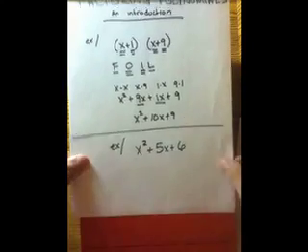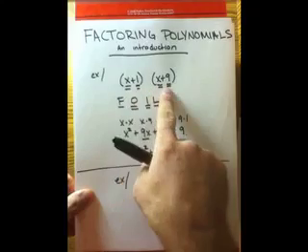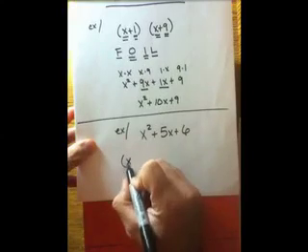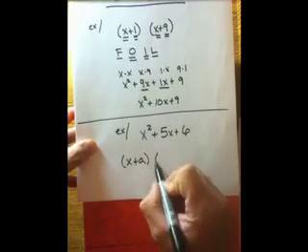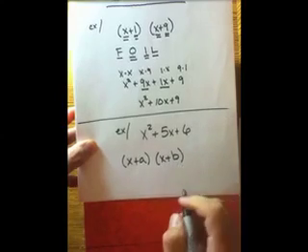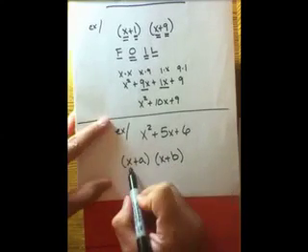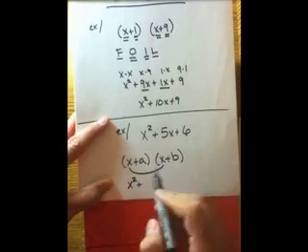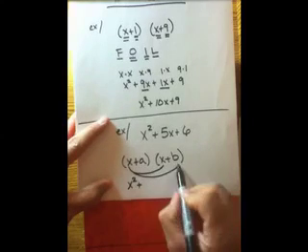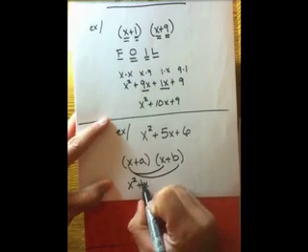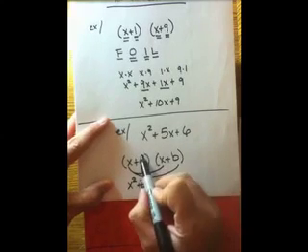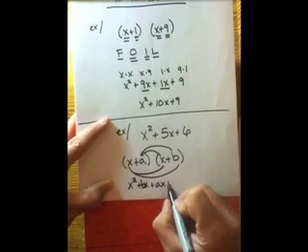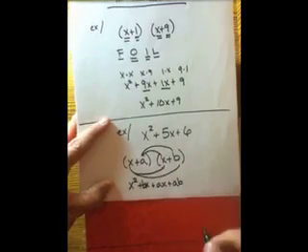So, let's do what we just did with multiplying out two binomials, but let's say we do it for any case. So, we have the case of x plus a and x plus b. When we FOIL this out, we get our first terms, which is x times x, or x squared, added to our outer terms, x times b, which would be bx, added to our inner terms, a times x, or ax, plus our last terms, a times b, or ab.